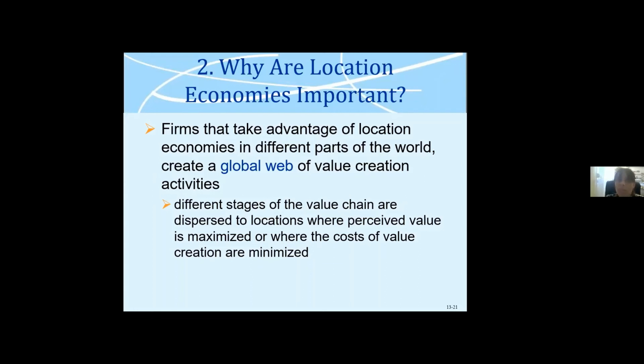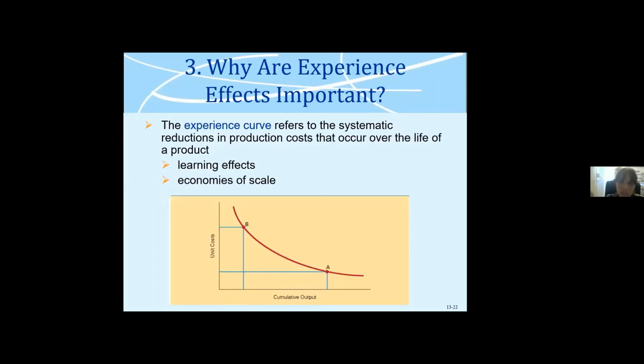Another question to discuss is why are experience effects so important? The experience curve represented by the figure refers to a systematic reduction in production costs that has been observed to occur over the life of a product.